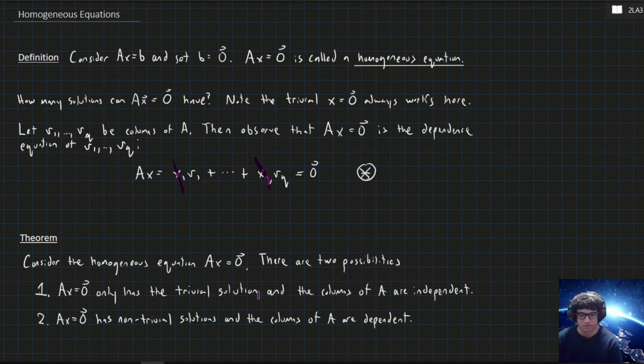And of course, that goes along with the columns being independent, just by the definition of linear independence. The other possibility is that there are some non-trivial solutions to this equation, and that implies that the columns are dependent.